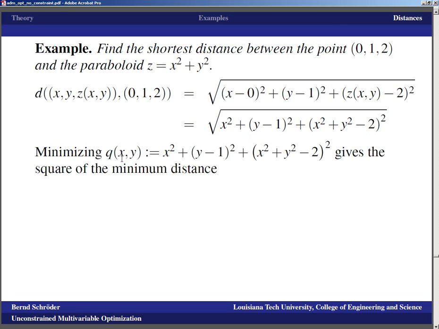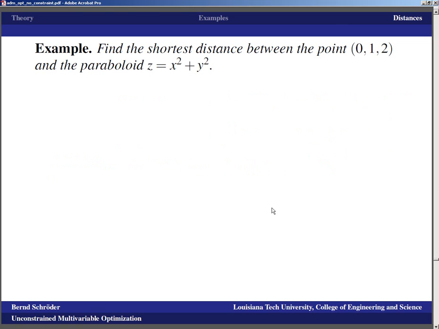And it turns out that if we were to minimize the squared function, q of xy being x squared plus (y minus 1) squared plus (x squared plus y squared minus 2) squared, that gives the square of the minimum distance. And that is just as well, because then if I want to find the shortest distance, I would just go ahead and take the square root of that. So we're actually going to focus on this function q here.